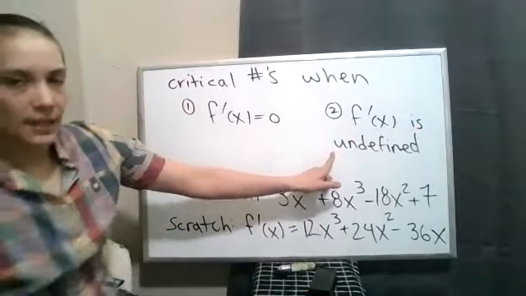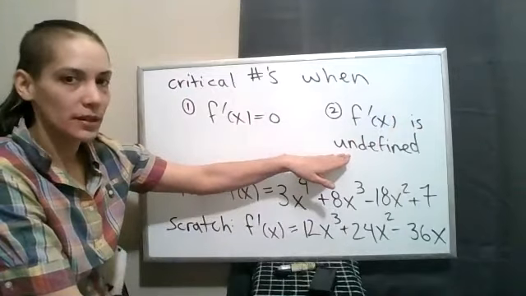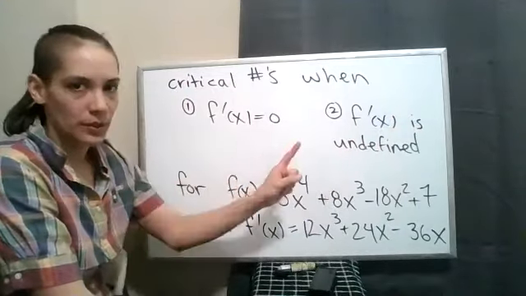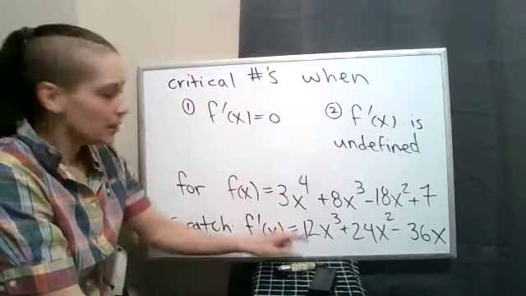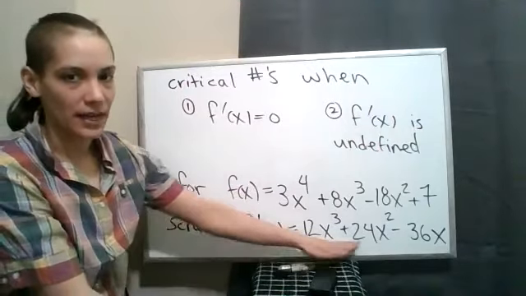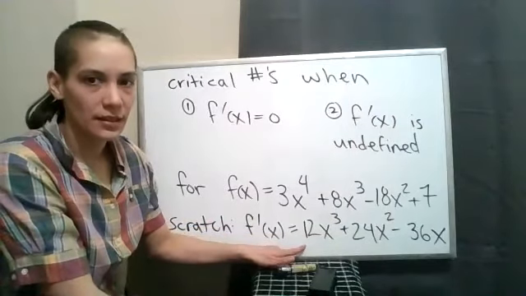Here's something like, if you have a number that would make the denominator 0, because you don't want to divide by 0, or any values under a square root that make that value negative, because you don't want imaginary numbers. But there aren't any square roots. We're not dividing by any x values. This is never going to be undefined.